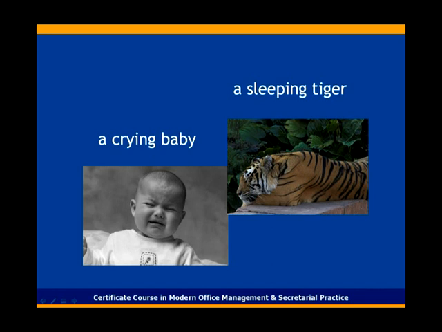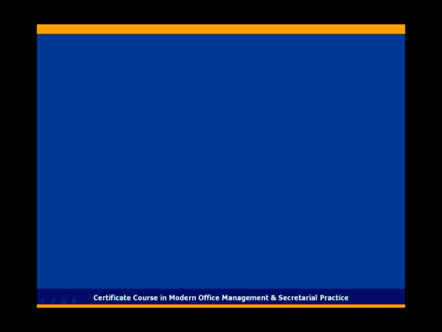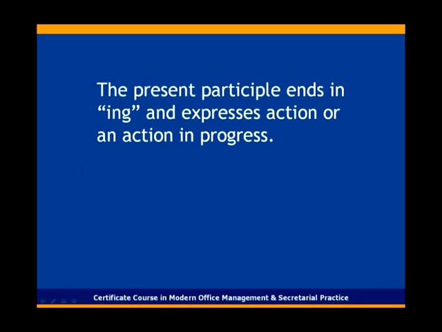So now we know that the present participle ends in ing and expresses an action in progress. It also does the work of an adjective. In other words, it tells us more about the noun.